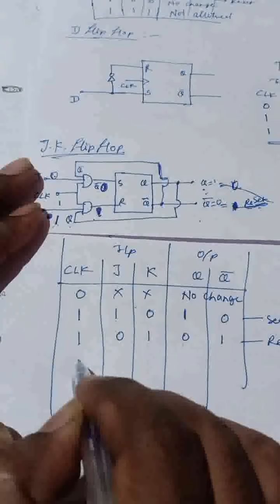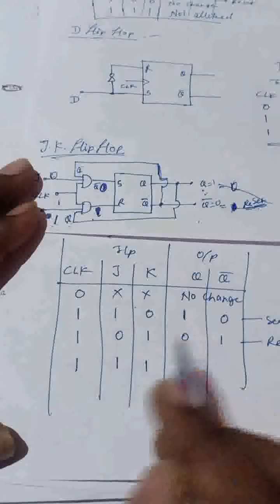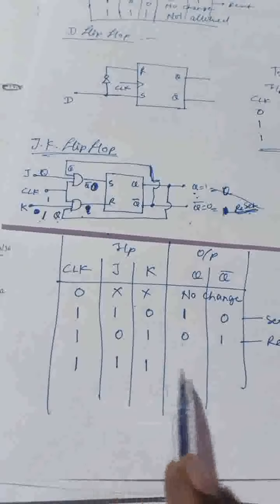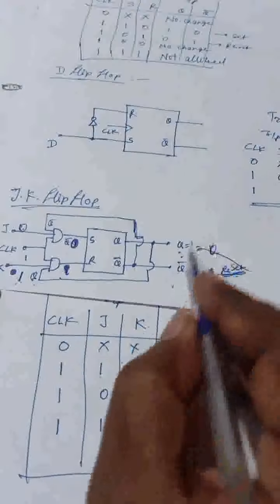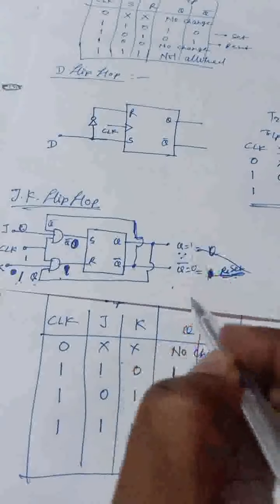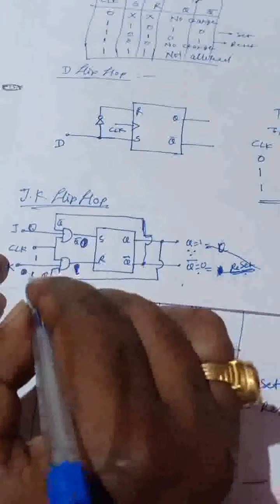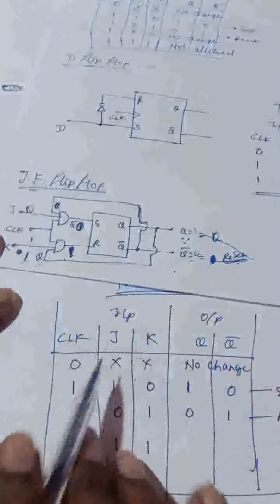Now the remaining condition is a very important condition, with J equal to K equal to 1, 1. Consider what will happen here. Consider first Q equal to 1 and Q bar equal to 0. So this 1 is applied here, then the output becomes 1. This 0 is applied here and the output becomes 0.